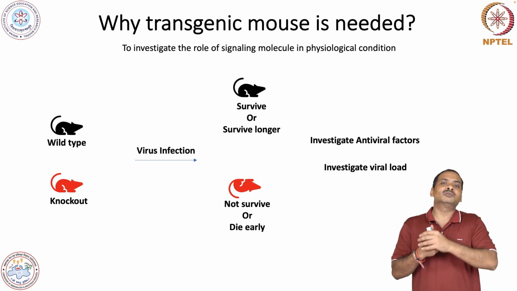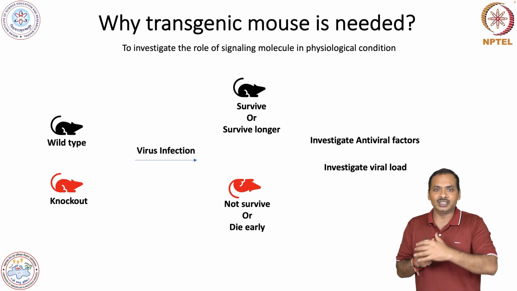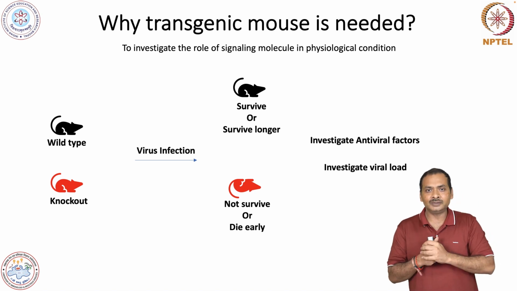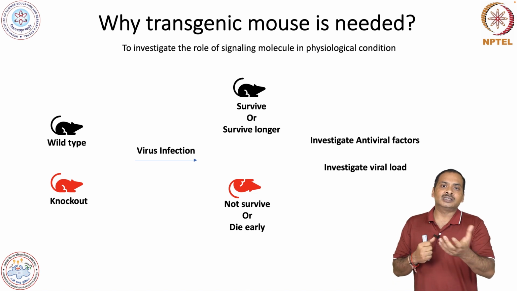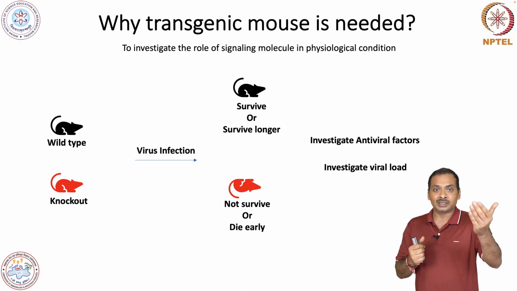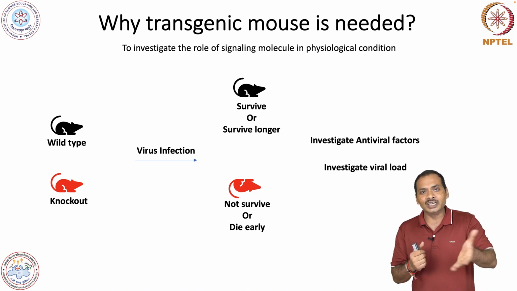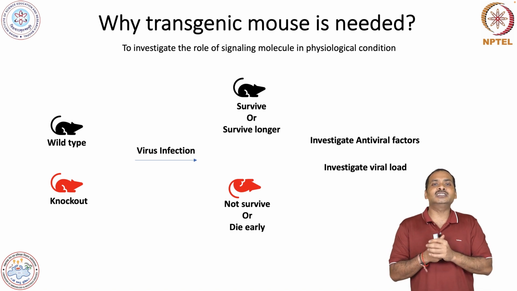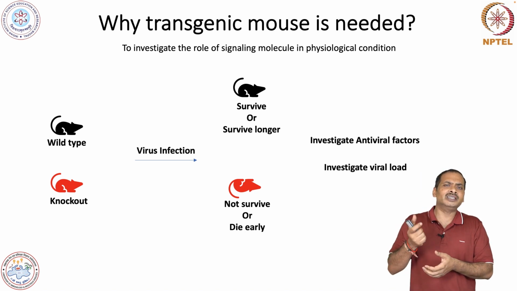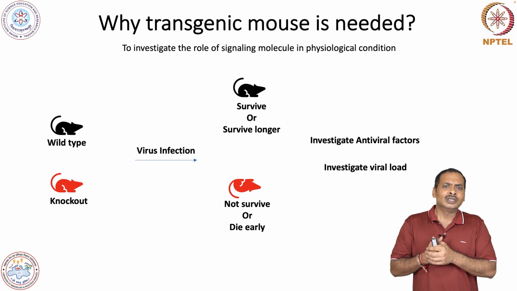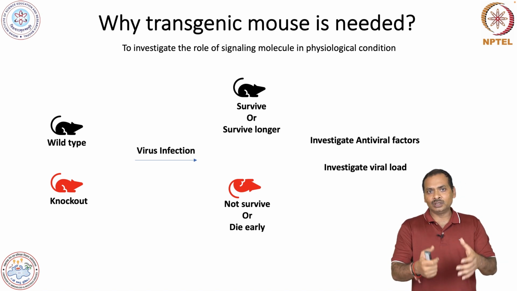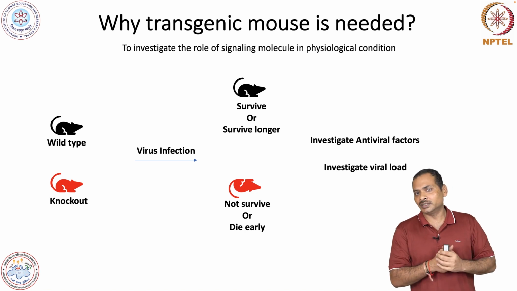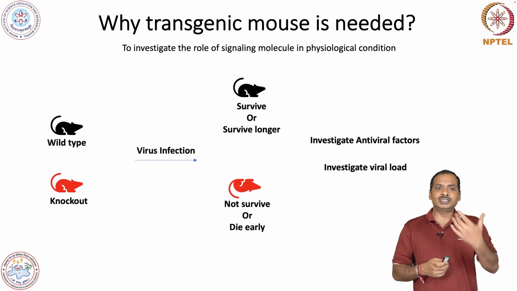For example, if this virus infects the liver or lungs, you will take out the lungs and liver, and compare the viral load with wild type mice, and you will see that the viral load is extremely high in knockout mice. So, in that way you can prove that this molecule plays a very important role against the virus infection. So, this is one example.